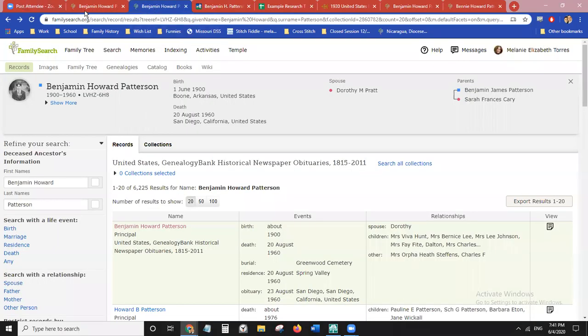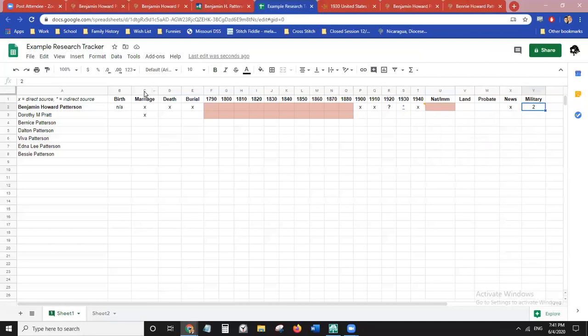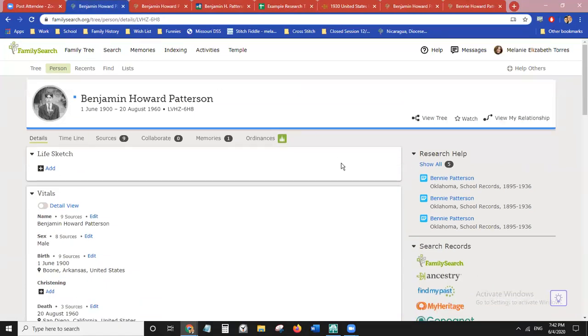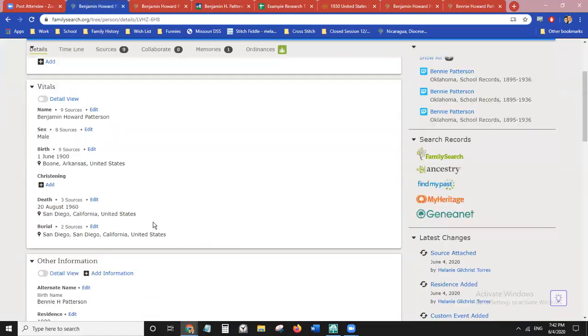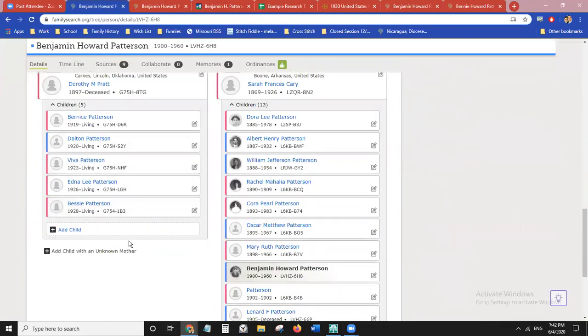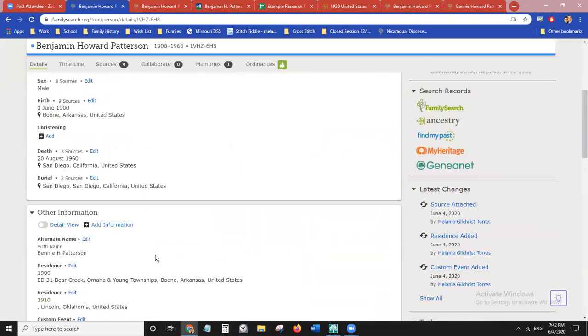So that's great. We've covered our bases. We've got our vital records. We've got our censuses for the most part. We have a few things that we need to do more research on. We've got a newspaper article, and we've got some military stuff, so even some additional things. So now when I look at Benjamin, there's all these extra school records I can attach. We've got all this good information. We have all these people that we found.